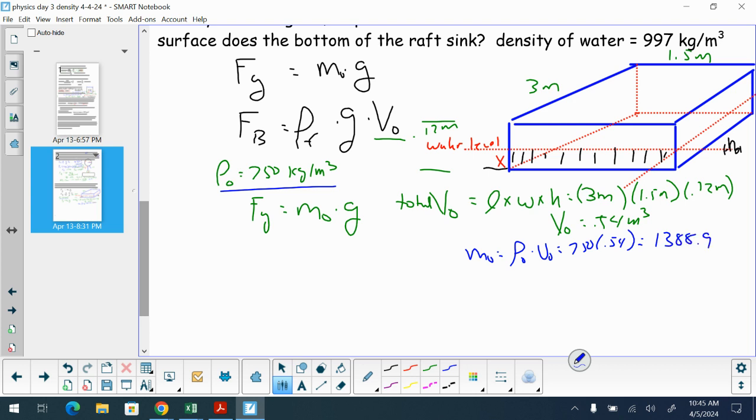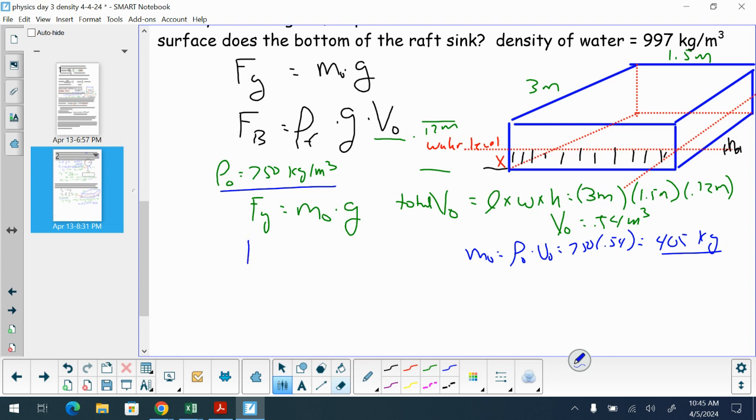Oh wait, times. We'll find 750 times. I divided with it. 405. So what did you get for the mass of the object? I got 405. Is that better? All righty.